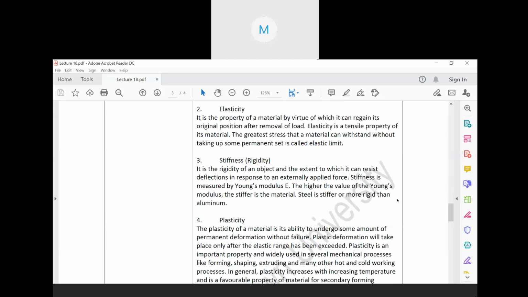Now stiffness means what? Suppose it is of an object. Stiffness is a property. It is the ability of the object to resist deflections.